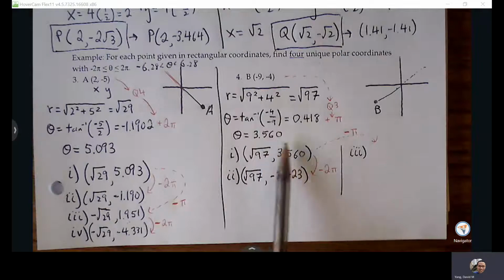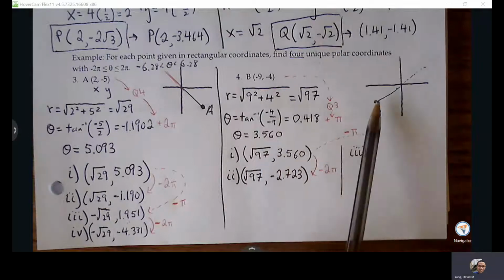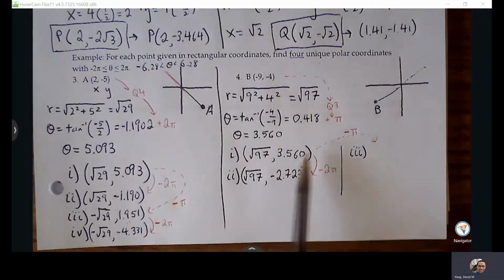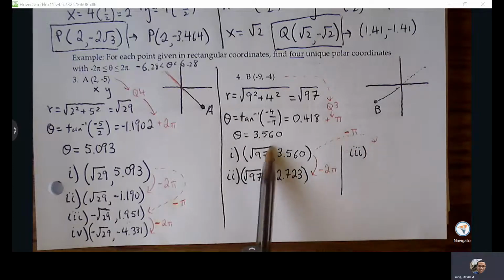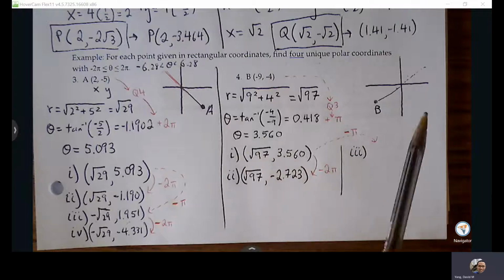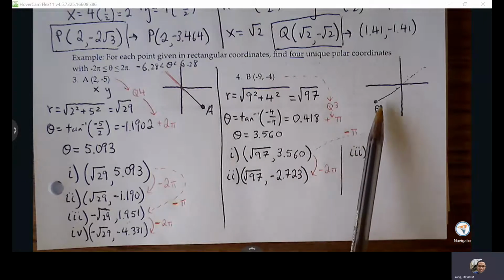So we know that we're in the third quadrant. I can go to the diagonal quadrant, which is the first quadrant. I can subtract pi, and that will take me to the first quadrant. And I can just change the radius to the opposite sign to walk away from the first quadrant and still land in the same point.